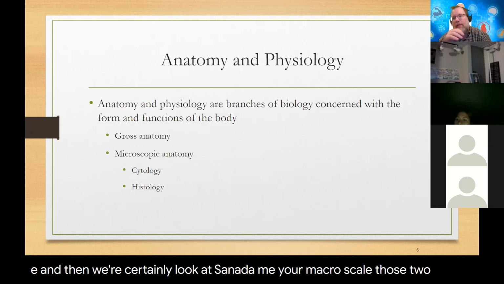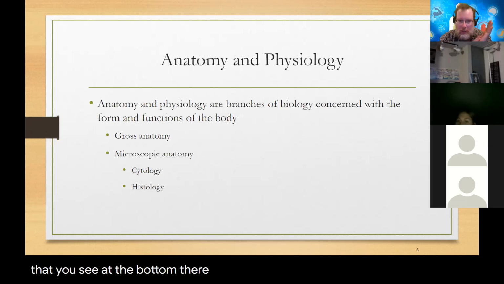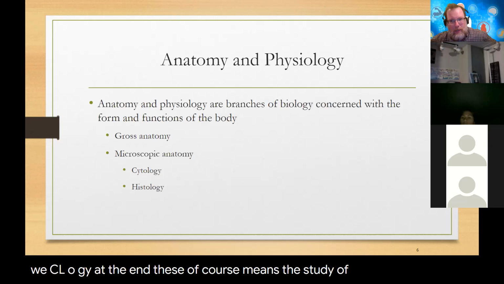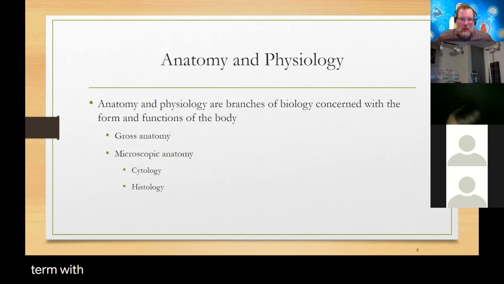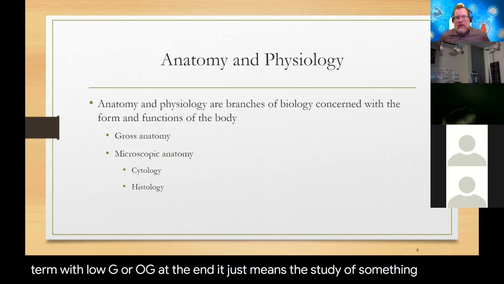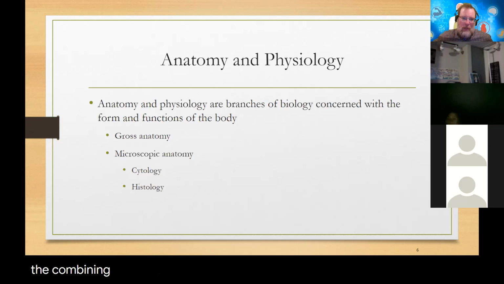Those two terms that you see at the bottom there, cytology and histology. First of all, we see L-O-G-Y at the end. These, of course, mean the study of. So whenever we see a term with logy or ology at the end, it just means the study of something. CYTO is the combining form for the word cell.